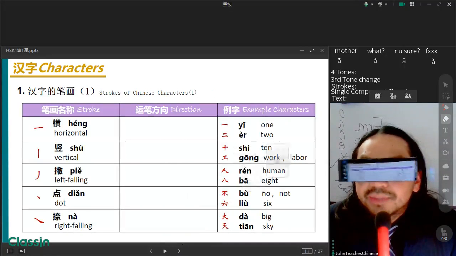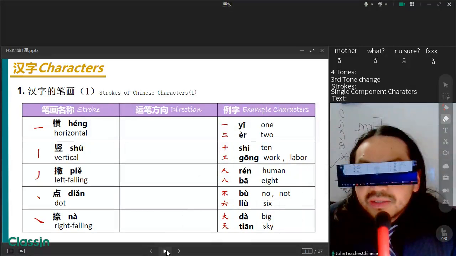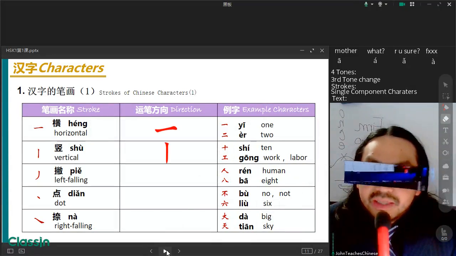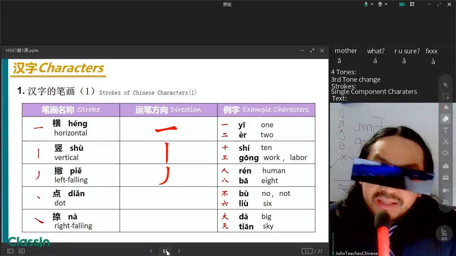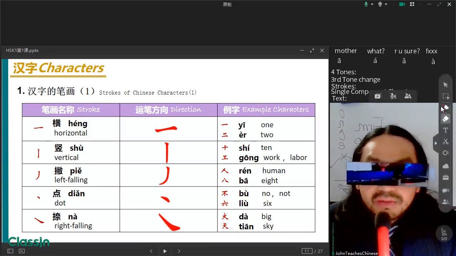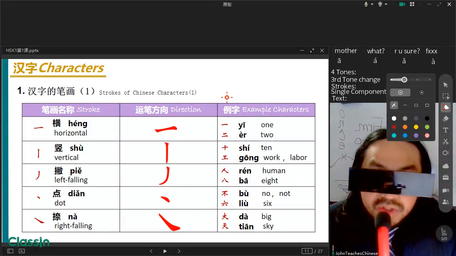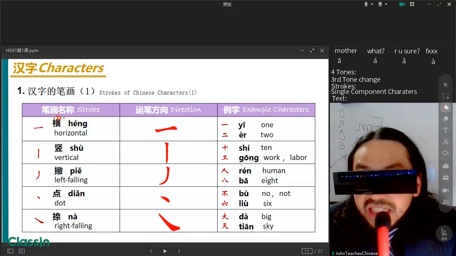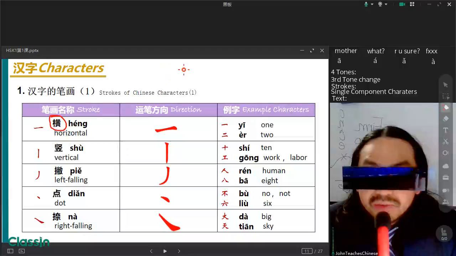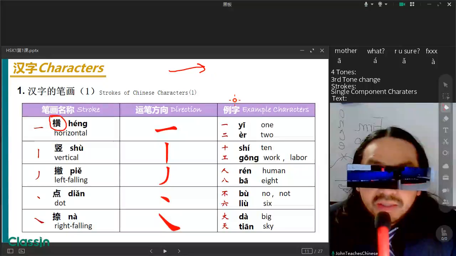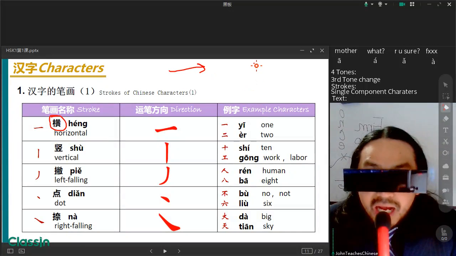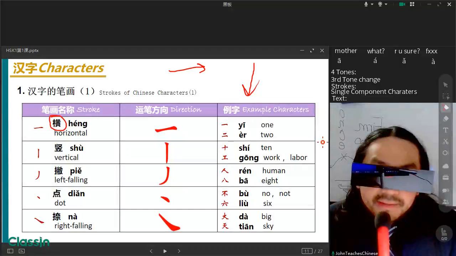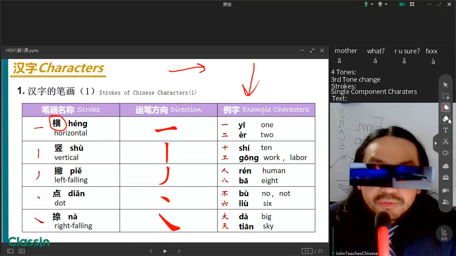By the way, no matter whether you write Chinese with the traditional firm pen or nowadays with a pencil, the general rule is that you write a character basically from left to right and from up to down. Remember this.